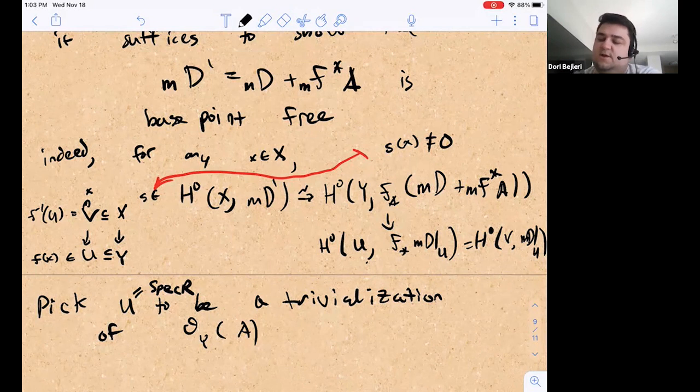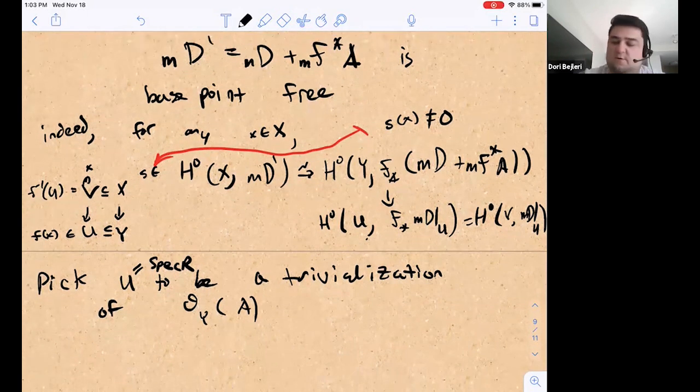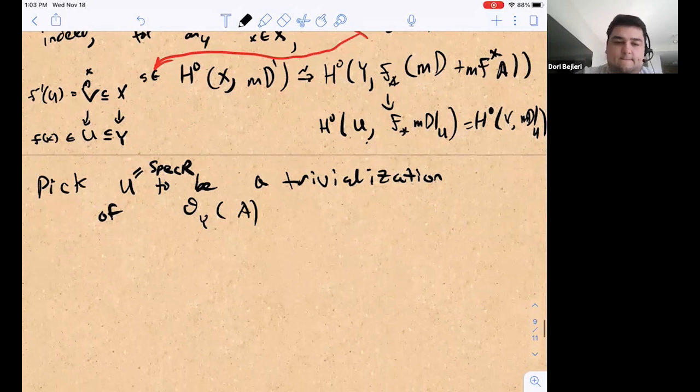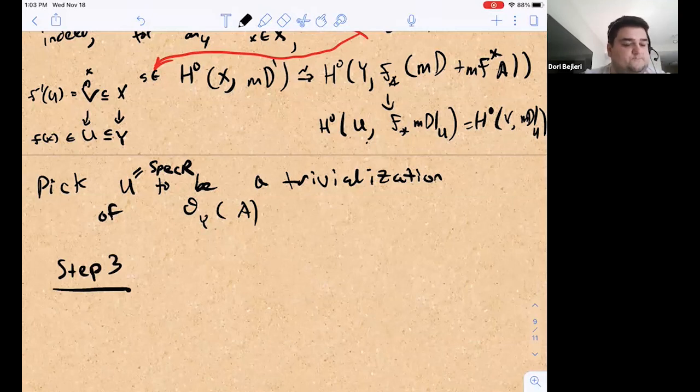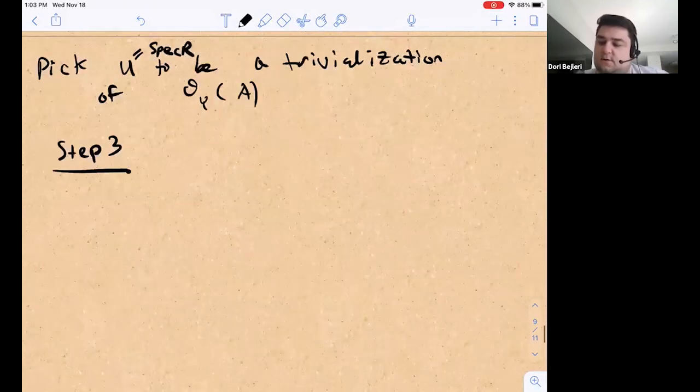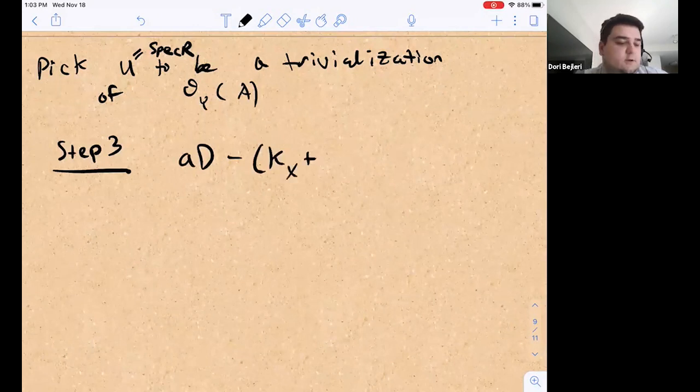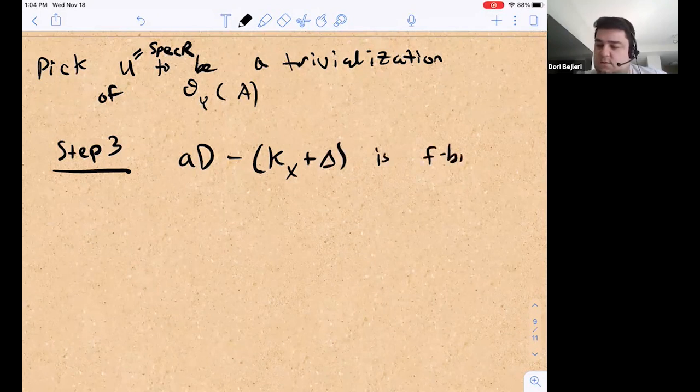Okay, so then we just want to check that we can apply the usual base point free theorem to this D'. And that was the point of compactifying in step 1, to reduce the local question to something global where we already know what to do. So then by assumption, aD minus (K_X plus delta) is F big.